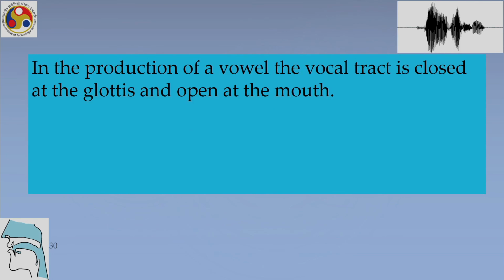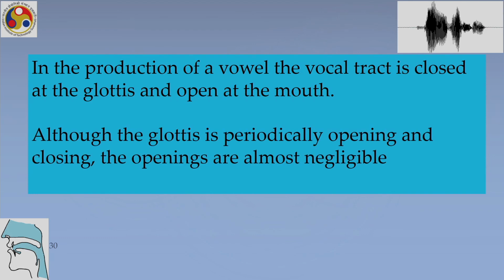So the reason for this formula is that in the production of a vowel, the vocal tract is closed at the glottis and open at the mouth. So you can think of it as closed at one end and open at the other. Although the glottis is periodically opening and closing to produce the periodicity, this is the way the vocal tract is thought of, in terms of its length, and that's why we have 4L.